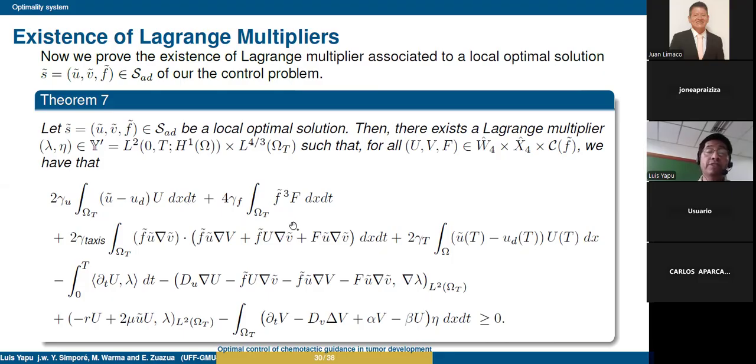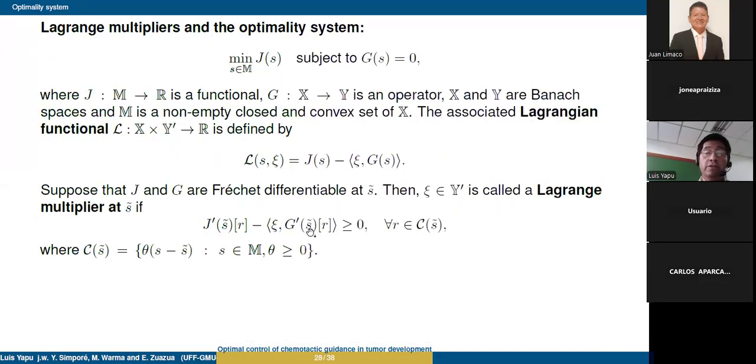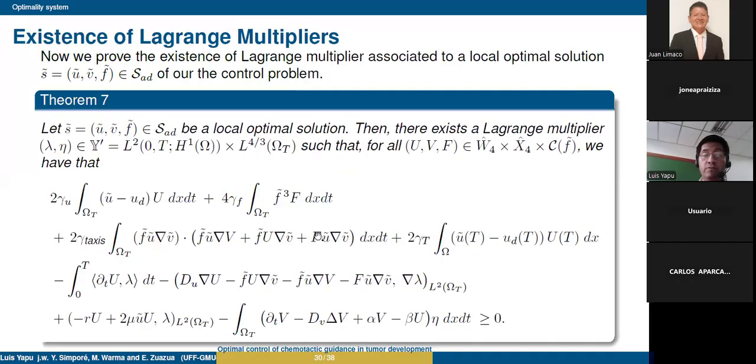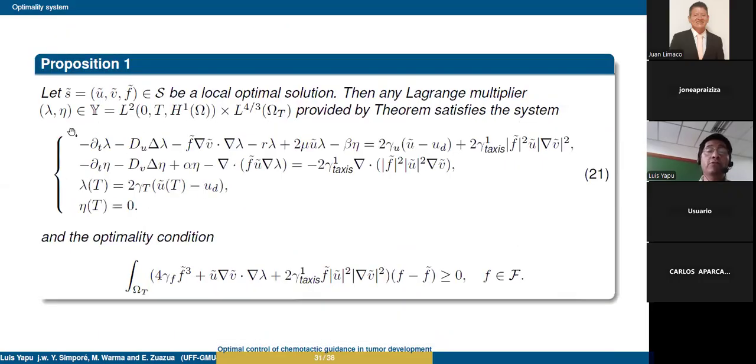The proof of this theorem follows since we computed this; this inequality gives this big inequality formula here. And this theorem allows us to deduce an optimality system.